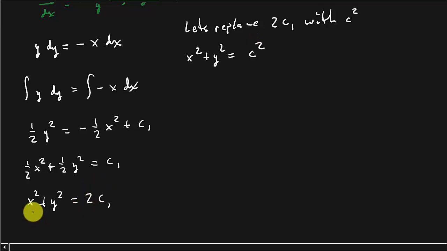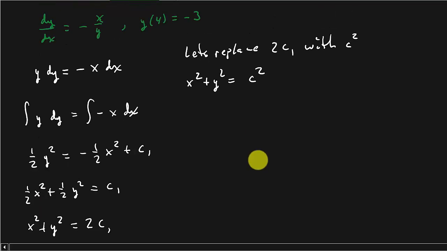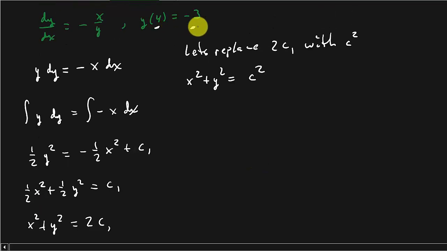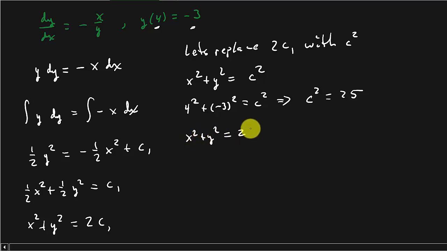See, look, I've got to plug the 4 and the negative 3 in, all right? So let's just do that. So I've got 4 squared plus negative 3 squared equals c squared. So this tells me that c squared is equal to 25. And so now I've got x squared plus y squared equals 25.